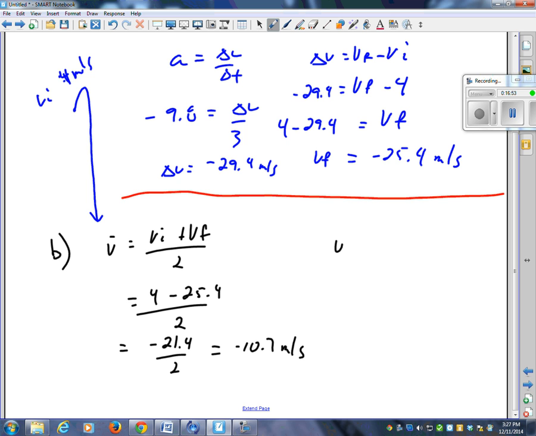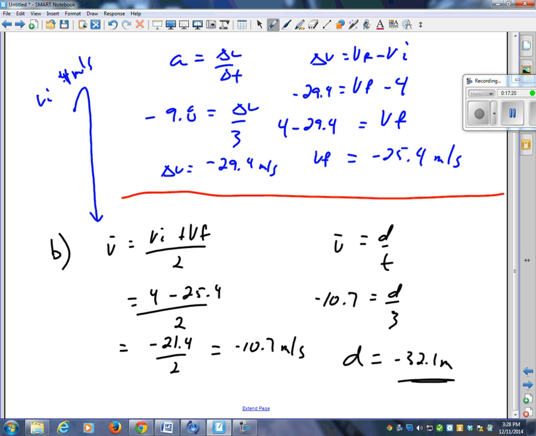Now you go v bar equals d over t. Three seconds. Minus 32.1. The rock goes down. It ends up 32.1 meters below where it was thrown out.